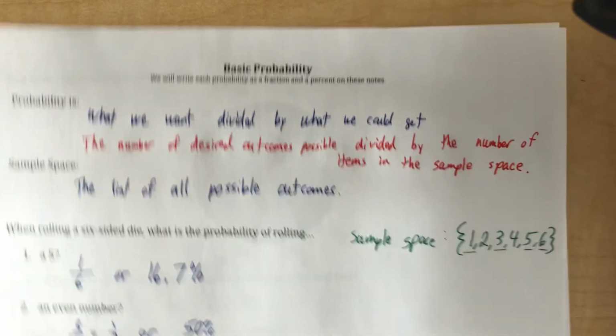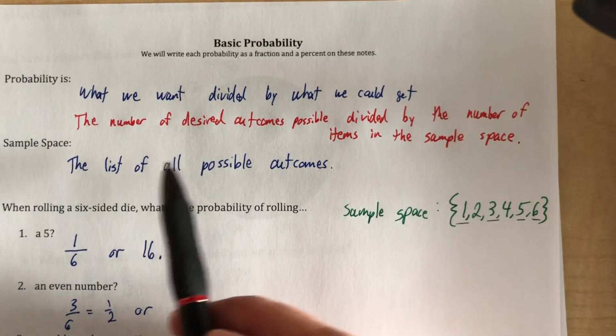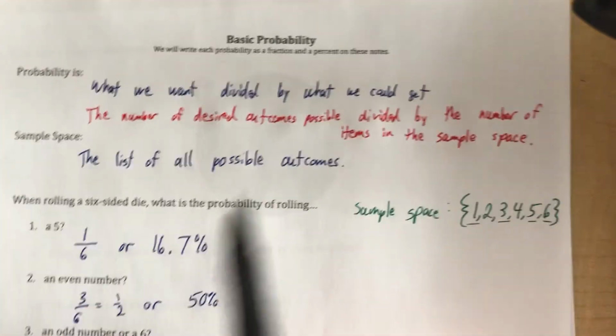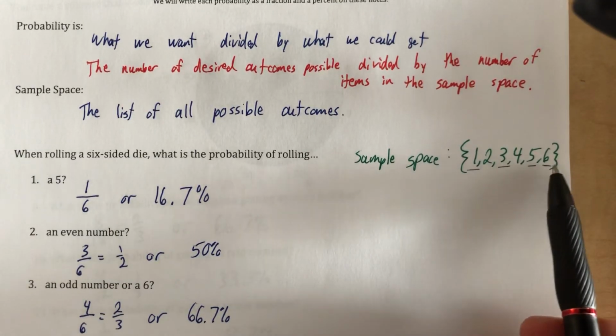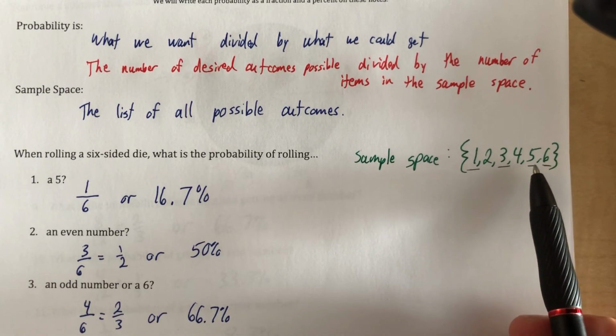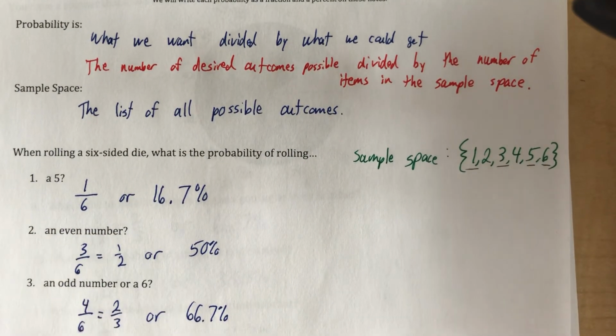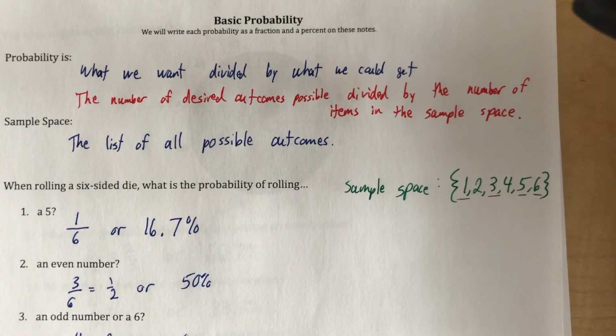Okay, number of items in the sample space. Like I have 6 things here. Well, the number of desired outcomes possible. Well, let's suppose I want an even number. There are 3 even numbers. Those are the number of things that I want divided by what I could get, which is the number of things in the sample space, which was 6. So 3 out of 6. So that is a much better definition. There you go.